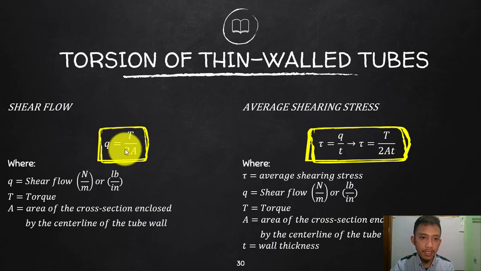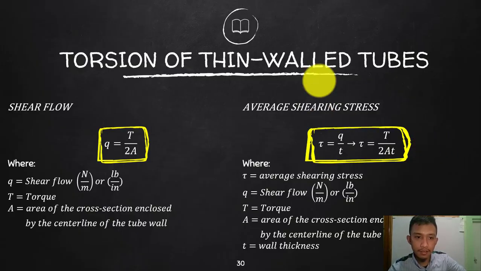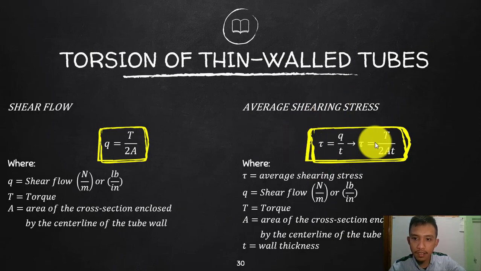So in order for us to relate q, the shear flow, which means the distribution of shear within the thickness, to get the average shearing stress, which is the one being considered as uniform within the area, that is equivalent to q, the shear flow, divided by t, the thickness, because again q is per unit thickness.